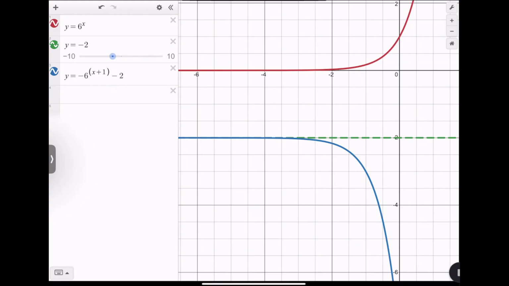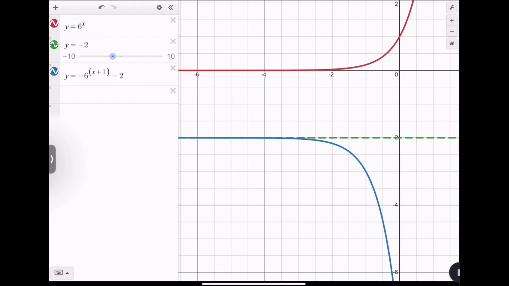So my first step in my mind would be, okay, the horizontal asymptote going from the red line to the blue line was a shift down of 2 in the y direction. So I already know there's a minus 2 at the end. Agreed? Now I look at 1 unit away.